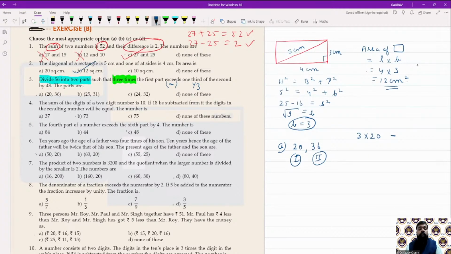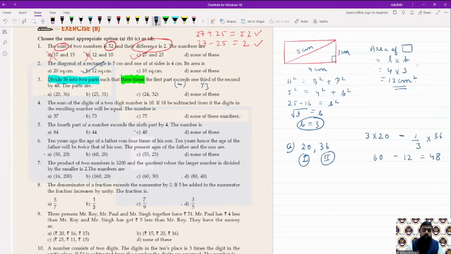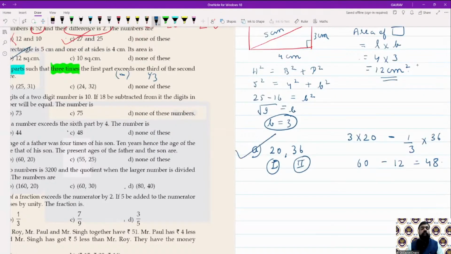That means we have to find the difference with one third of the second number, and the second number is 36. So how much are we getting? 60 minus 12, that is 48. And the question has also given the same figure, that is 48. That means option number 1 is satisfying the condition. Therefore, option A is correct. Okay.